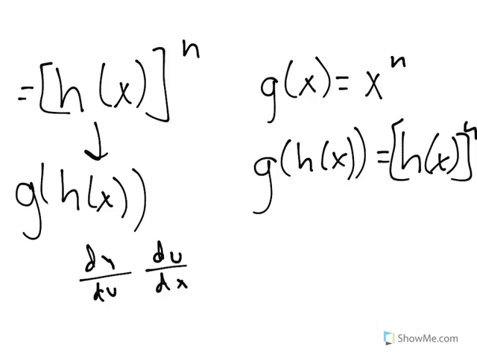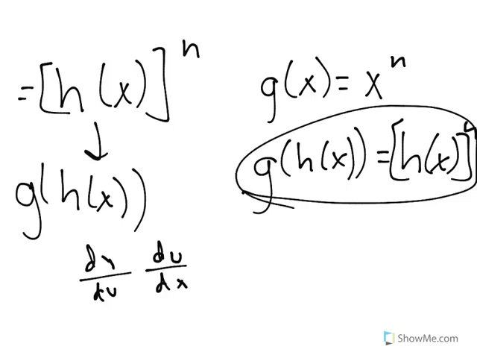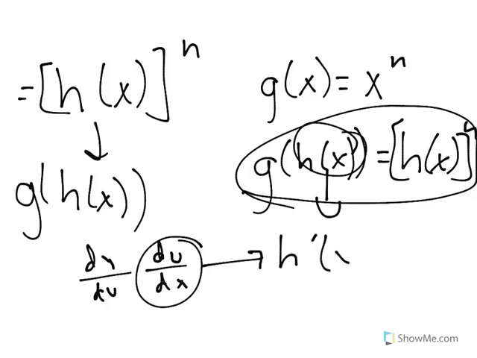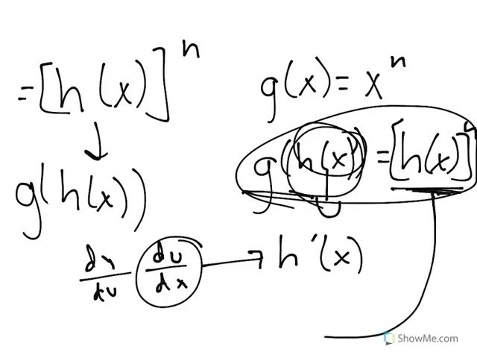In this case, we can say that h of x is our u, right? And so du over dx is just h prime of x. Our g of h of x, we defined to be this. As we said before, if this is just u, we're not worried about what its derivative is; we can just substitute it for u.